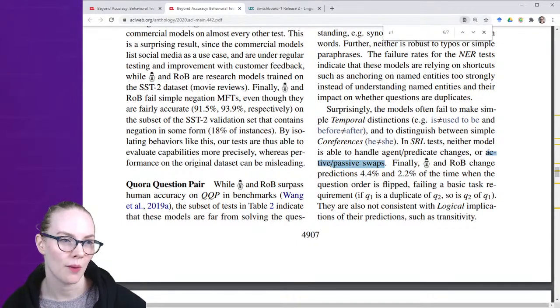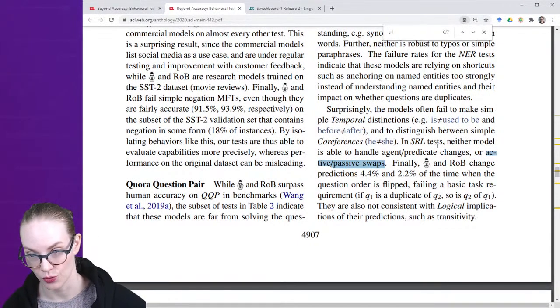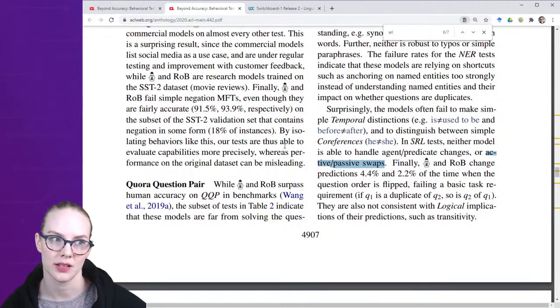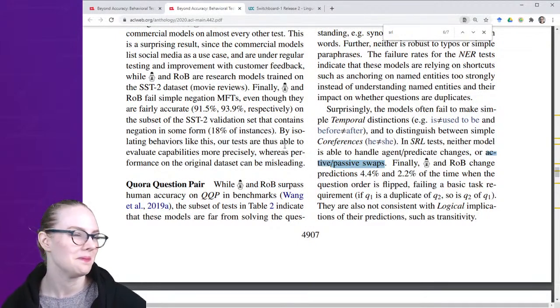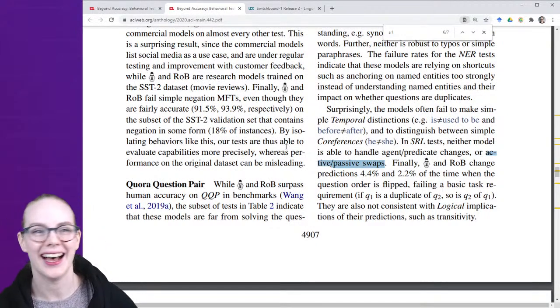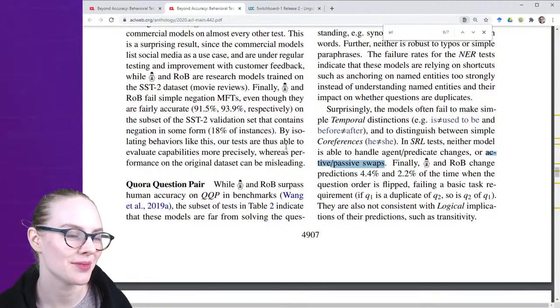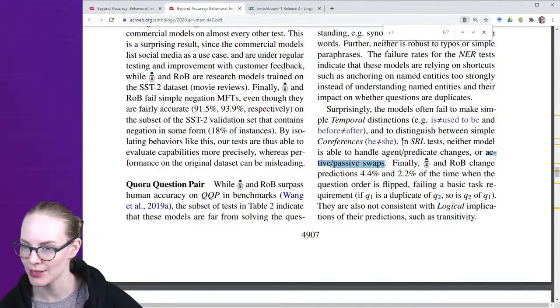An active-passive swap would be like, I wrote the paper, would be the active voice. The paper was written by me, would be the passive voice, because the agent of the sentence, the person who's doing the thing, is now the object. I enjoy this paper because it's really dusting off some of the oldie linguistic skills.